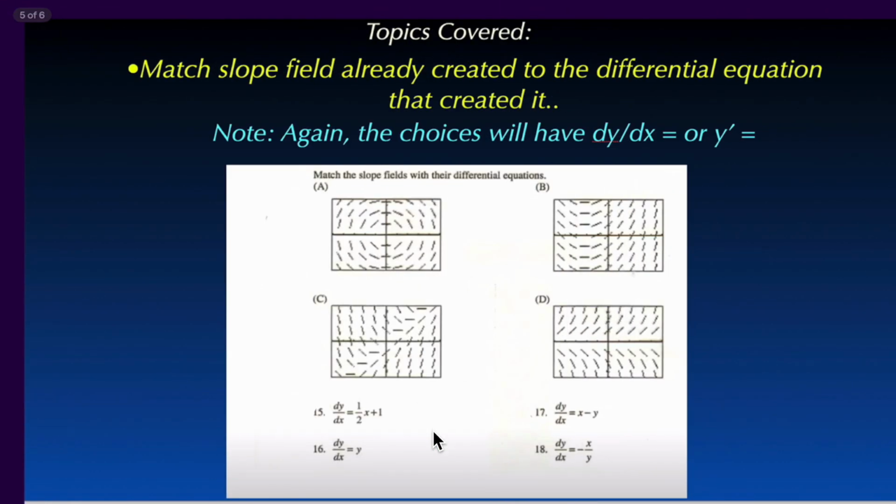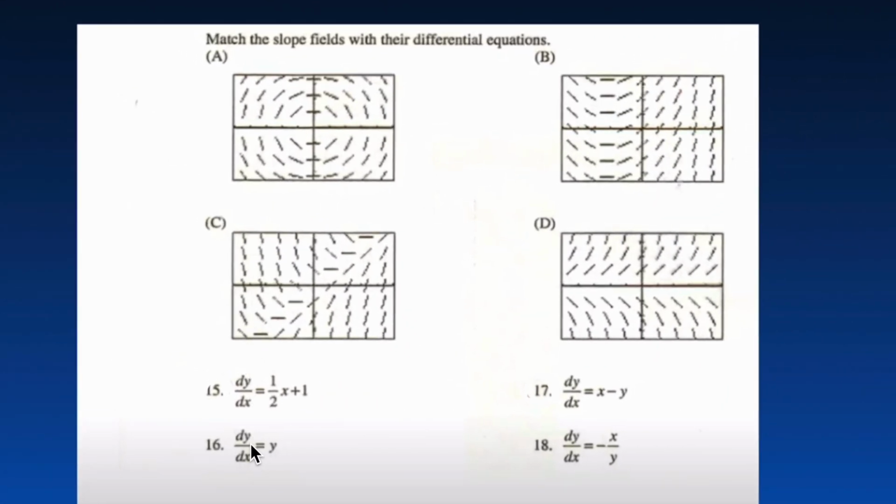Again, continuing with the topics covered, match the slope field created to the differential equation that created it. So again, you see this is the differential equation solved for y prime. So here you're going to match the slopes created by any xy coordinate in this field that you plug in.